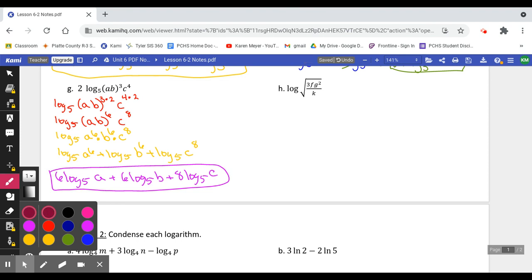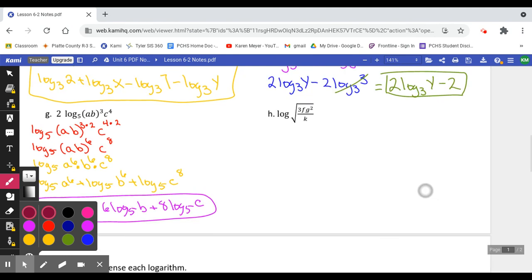Okay, next one, H. What makes H a little different is we have a square root around it. So if we have a square root, this requires you to remember something from last unit, from 5.1, when we were talking about how to get rid of roots.